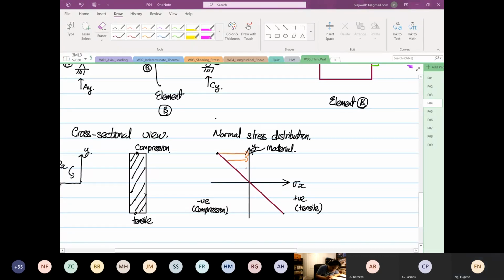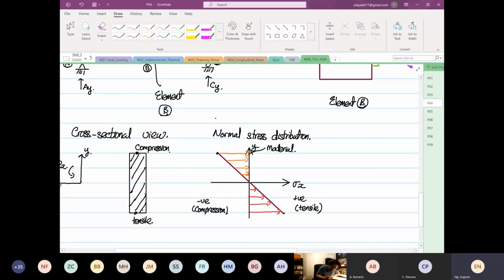Compression. The Y-axis, repeat again, the Y-axis is the material. Where the Y is the what? Material. Then at the other end is tensile. Tensile means from the material you get tensile. So this is how we draw our normal stress profile.